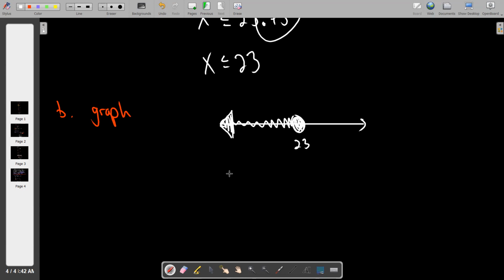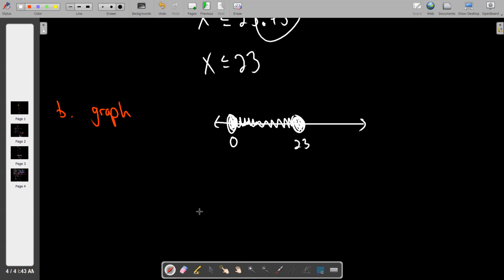I actually probably shouldn't put an arrow, should I? Because can you go negative in time? No. So really, I think what I would do in this case is make a number line and have it stop at 0. Would you agree with that? That I really shouldn't have an arrow because the arrow indicates that I can go negative 10 weeks, and that doesn't make sense. So you can basically say anywhere from 0 to 23 would be just fine.